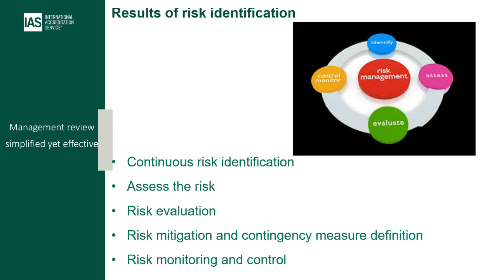In fact, we have a risk plan within our accreditation body that spans 3 years, and every year we review the risk plan. It's part of our business plan, but it's also handling our risk management. So you've got to do continuous risk identification. You've got to assess the risk, and risk mitigation. That is a very, very important thing.